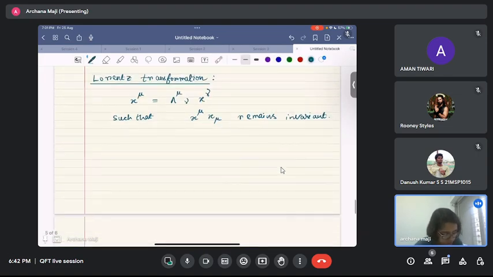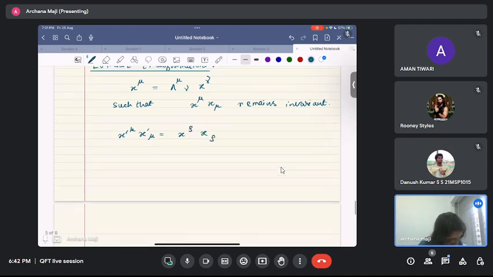Let's see what that constraint is at the level of lambda. So x prime mu is basically lambda mu rho x rho.